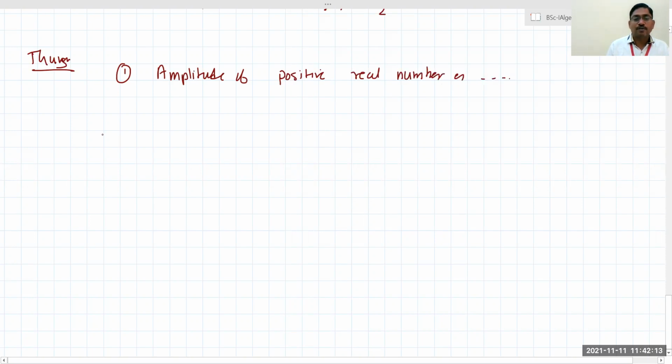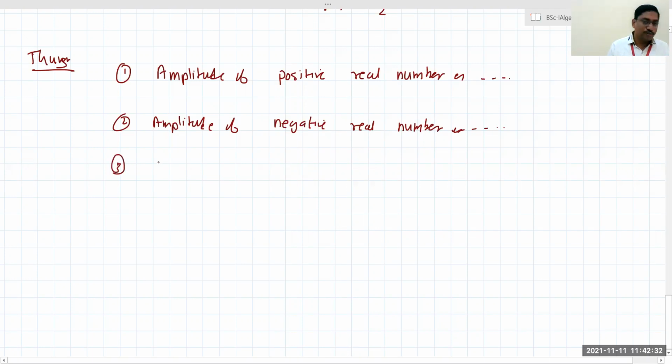If it is asked for object type questions: amplitude of a negative real number. Amplitude means theta, angle, argument. Third, amplitude of a positive imaginary number. The imaginary part is positive. I am not saying the complex number is positive. Never say a complex number is positive or negative.